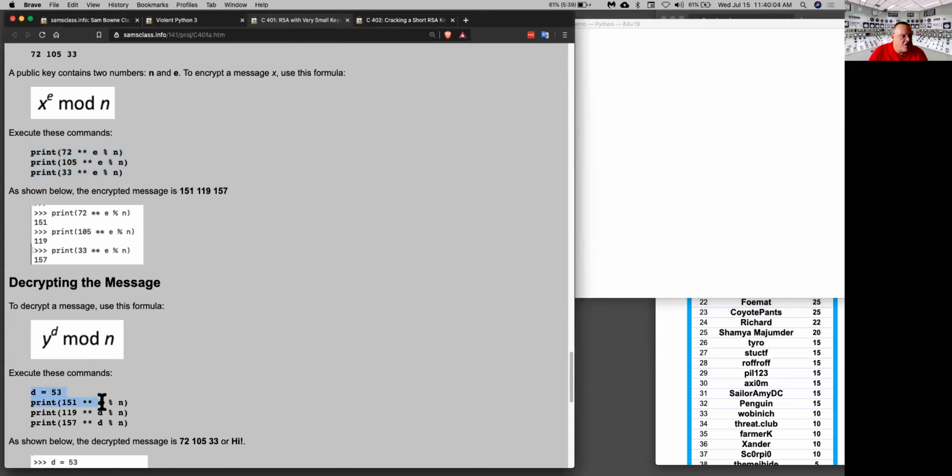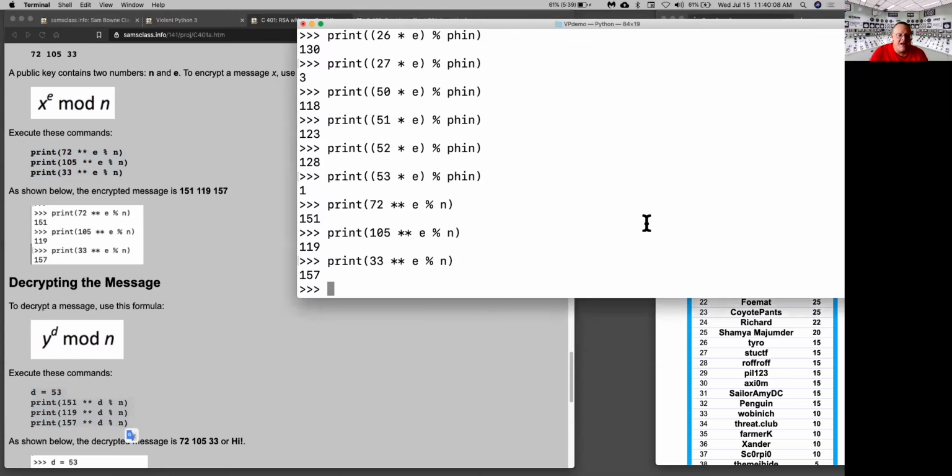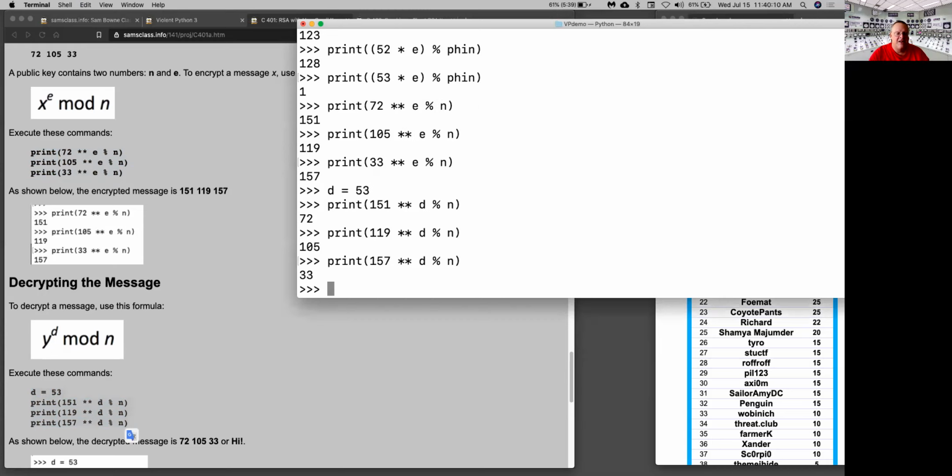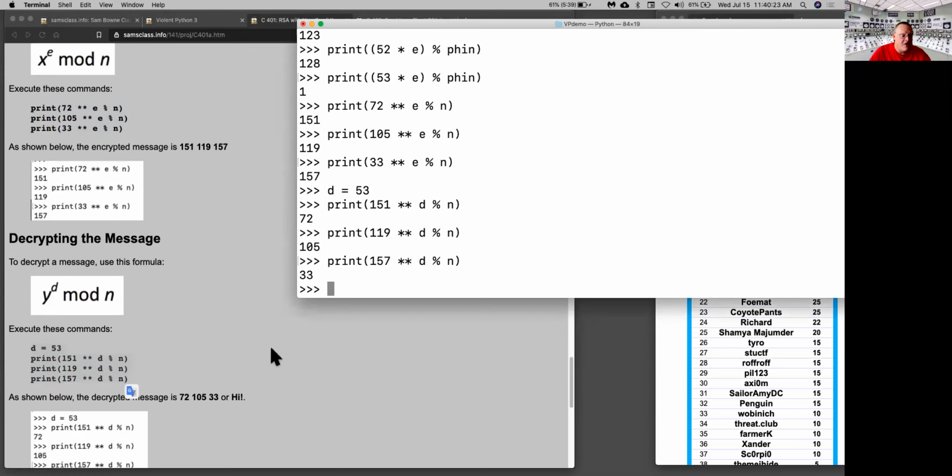So since I know that D is 53, to undo that, I can take those numbers to the D modulus N and take them back to 72, 105, 33. So the person who has the private key D can decipher this encrypted message. That's the secret of RSA.